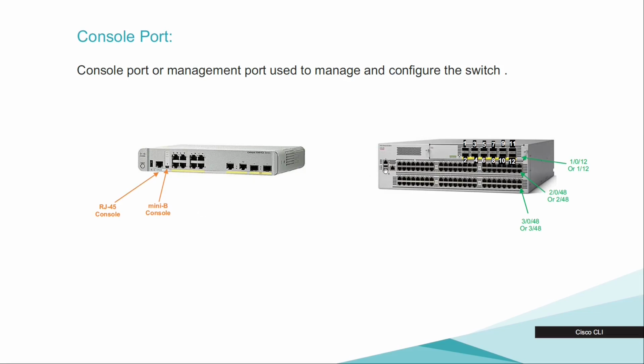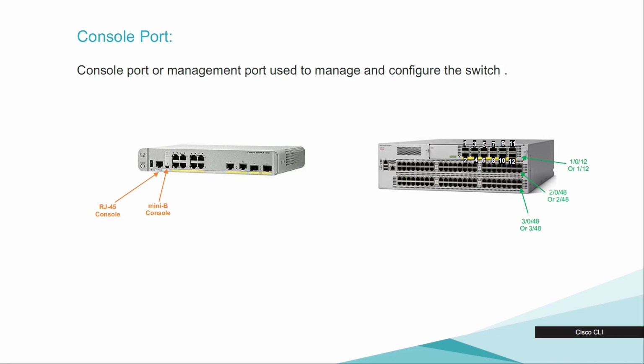Also, our regular data ports go in a specific order. As you can see in our example here, the ports go 1, 2, 3, 4, 5, 6, 7, 8, 9, 10, 11, 12. For these big switches, Cisco will not continue in that order, so this port will not be 13, 14.